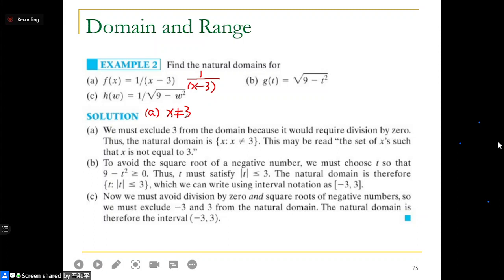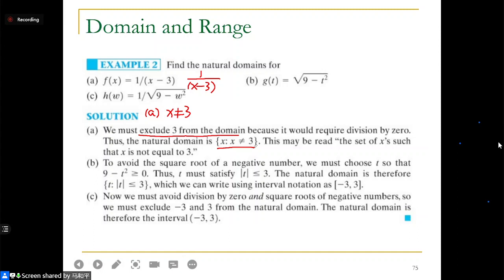We must exclude 3 from the domain because it would require division by 0. Thus, the natural domain is the set of x such that x is not equal to 3.